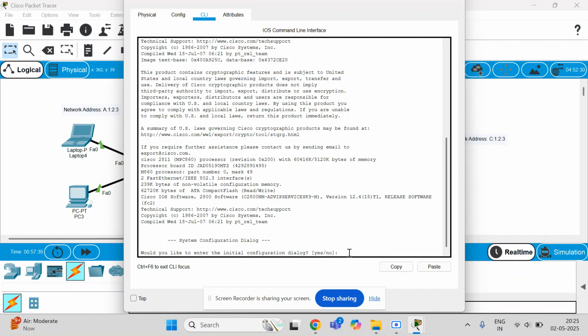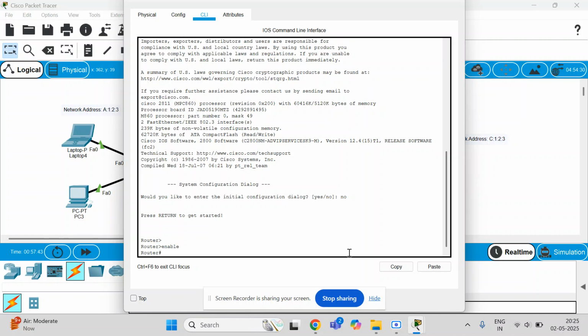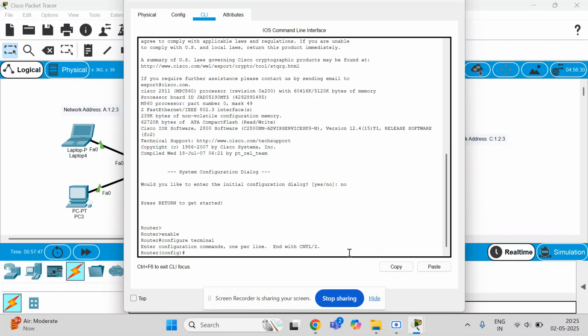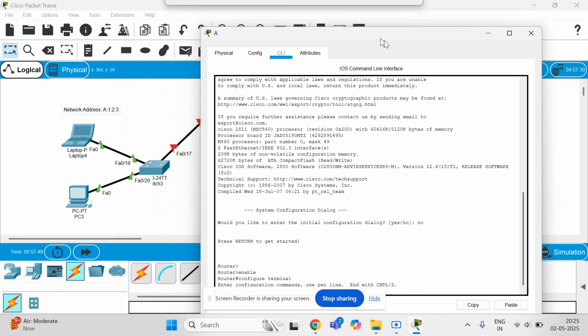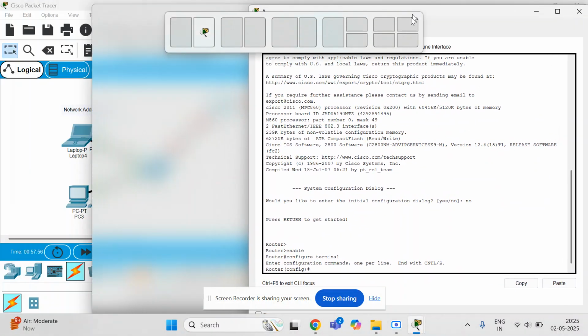Would you like to enter the initial configuration? No, we have to do the fresh installation. So enable the router, configure terminal. Now open the interfaces and give the IP. In this case, FA0/1 is connected to this LAN network, so I am opening that first.